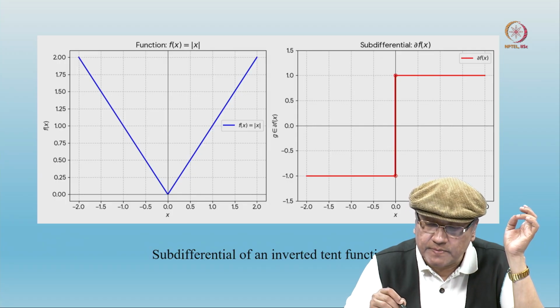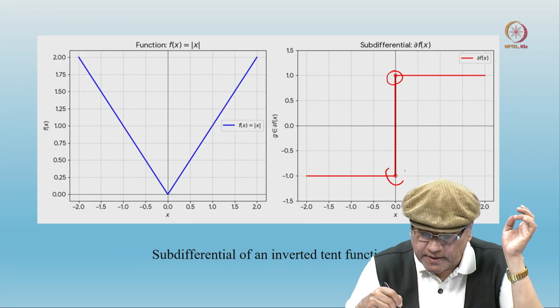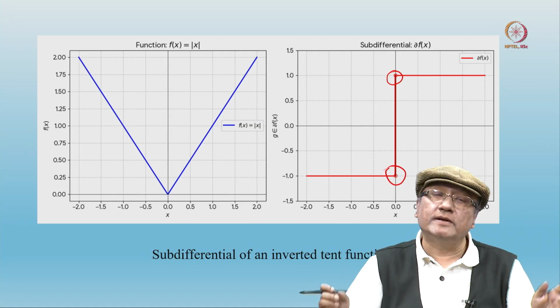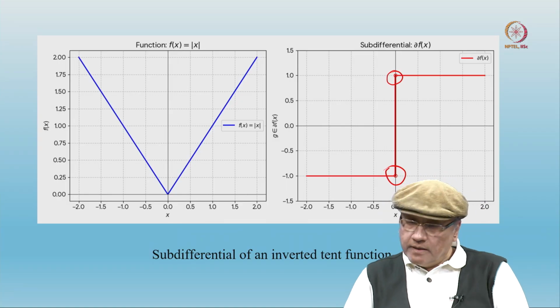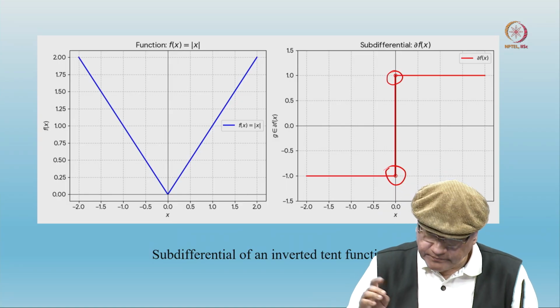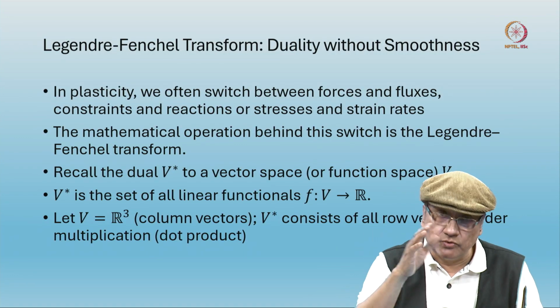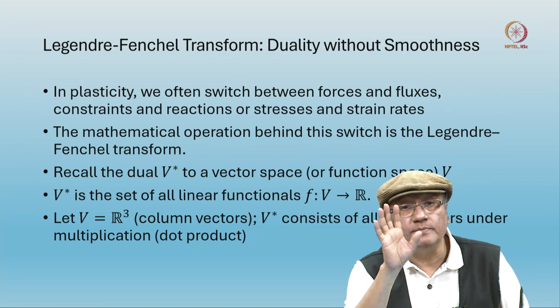All the values in between including -1 and +1 are possible values for the subdifferential. So this is how it happens, right. You can easily generalize it to higher dimensions, that is the most important thing.